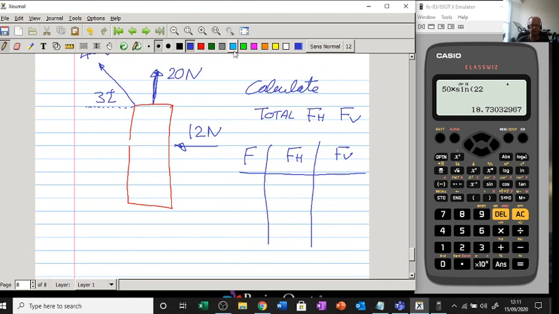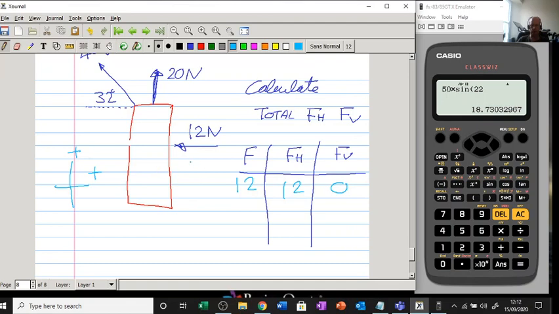my first force is this 12 newtons. Don't forget, plus. My 12 newtons, right? It's going straight horizontal. There's no angle, right? So my horizontal force here is 12. It's not going vertical, so I'm going to put a note there.